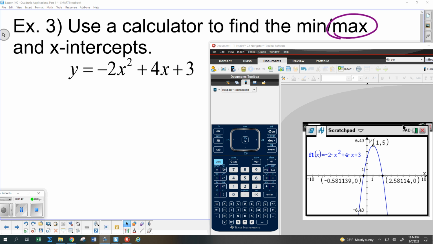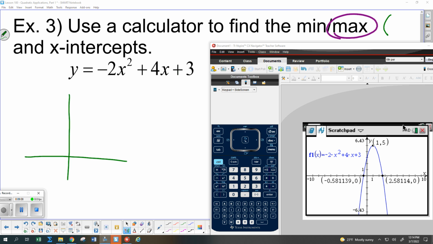So does mine match what you were finding? 1, 5 for the max, and negative 0.581, comma 0, and positive 2.581, comma 0. Now, on all of these, whether it specifically says it or not, I want you guys to draw a sketch. So first thing, 1, 5, they are both positive.